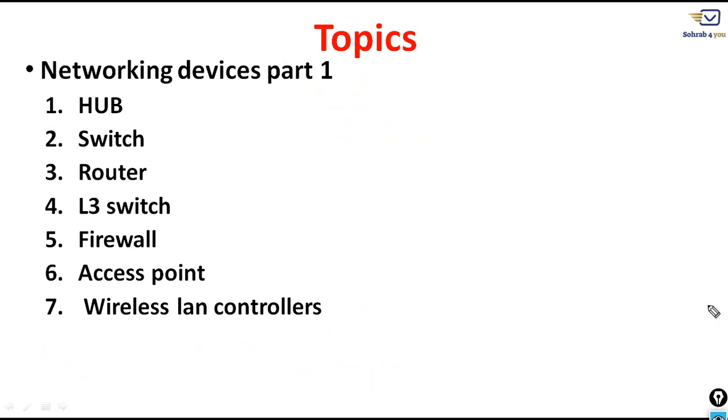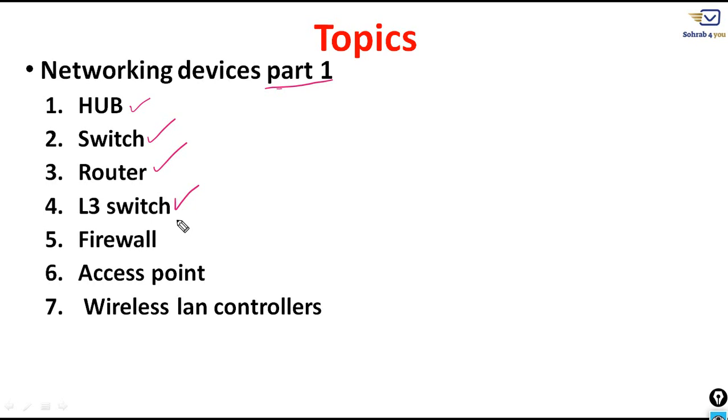Today we are going to talk about networking devices, part 1. We have two parts, part 1 and part 2. In this class we are going to talk about the networking devices: hub, switch, router and layer 3 switch, and the rest we will cover in other videos.